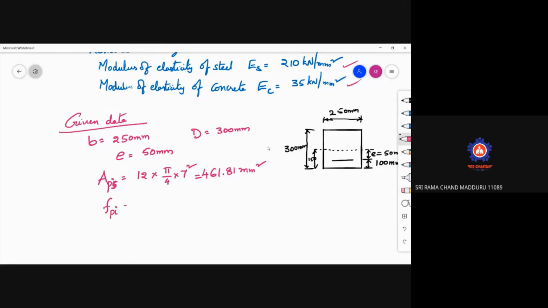Initial pre-stress value is already given, which is 1200 Newton per mm square. So we can calculate what is the initial pre-stressing force.